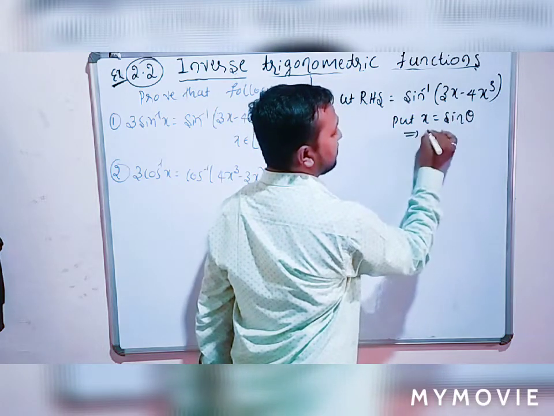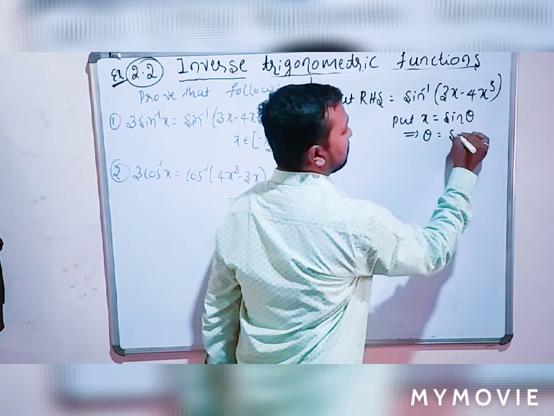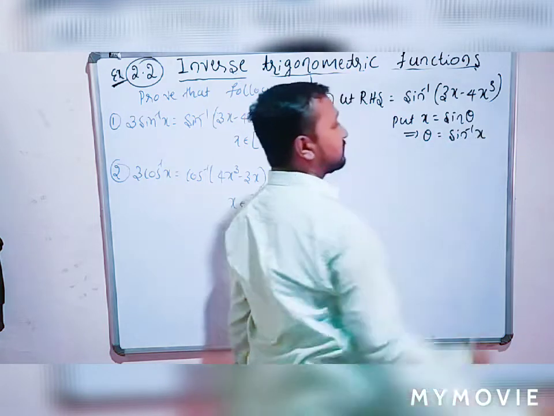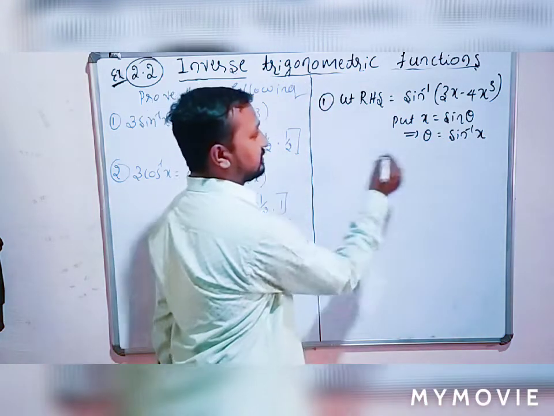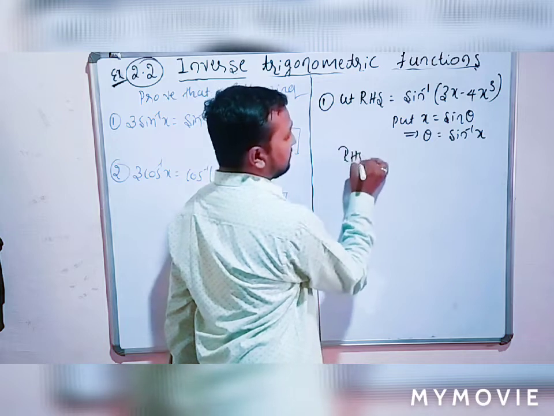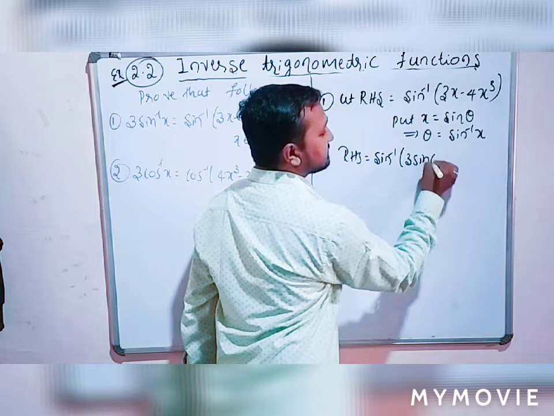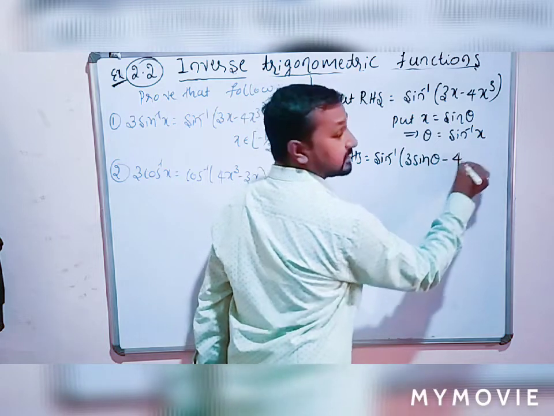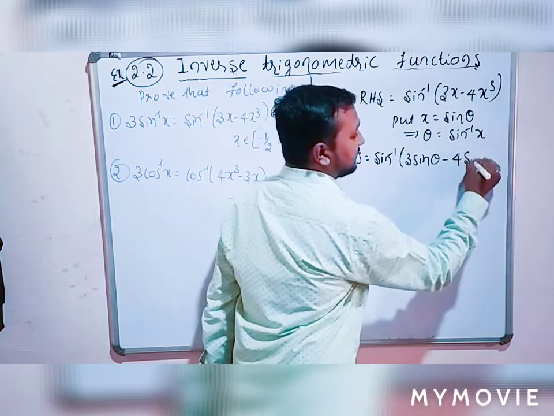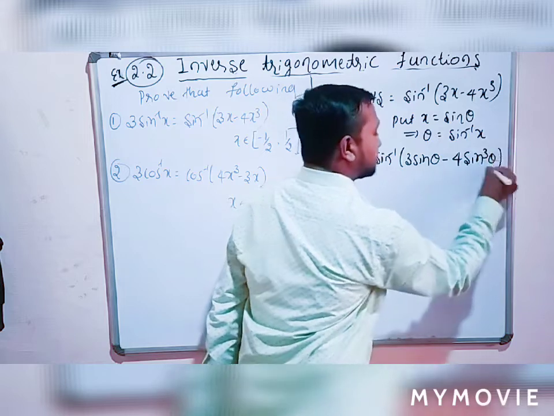This implies theta is equal to sine inverse of x. Then your RHS becomes sine inverse of 3 sine theta minus 4 sine cube theta.